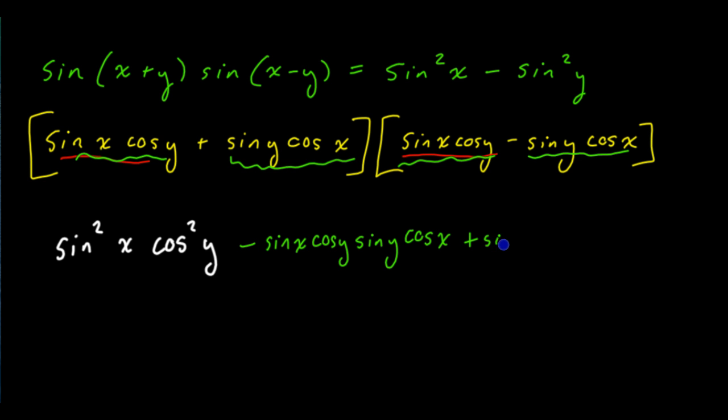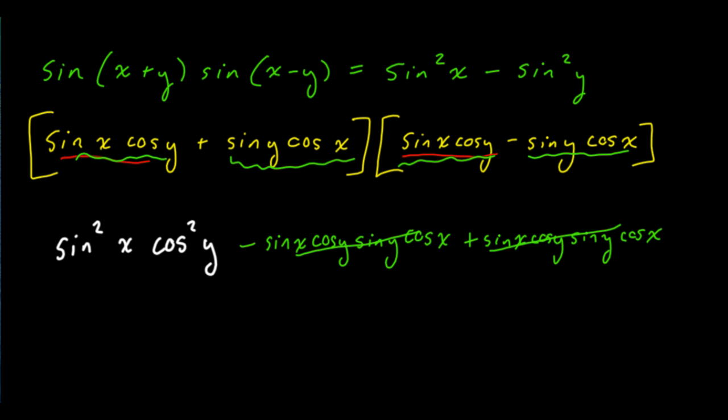It's going to be positive sine x cos y sine y cos x. Now if you look, those two things are the exact same. That's the idea of a plus b and a minus b: when we multiply the outer and the inner, they end up being the same thing, but one's positive, one's negative, so they cancel each other out, which is kind of nice.